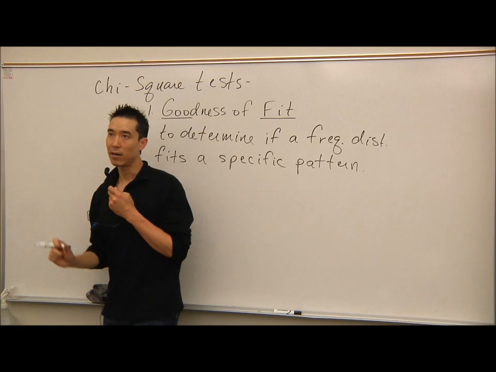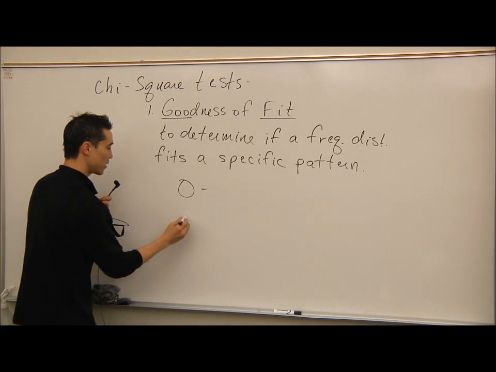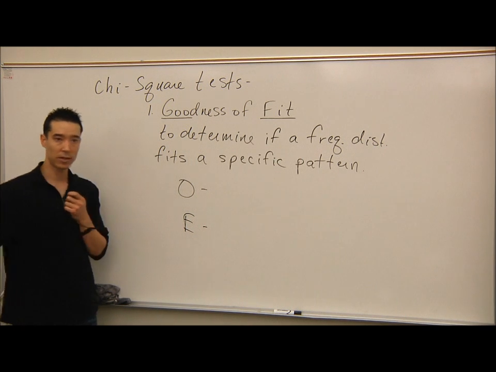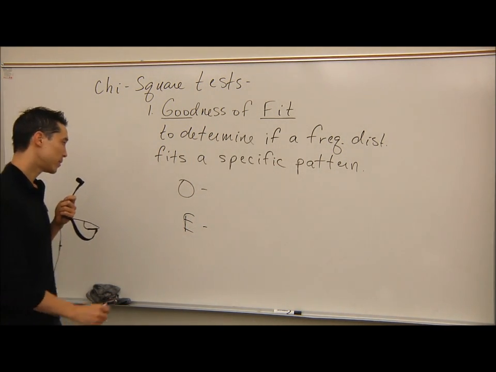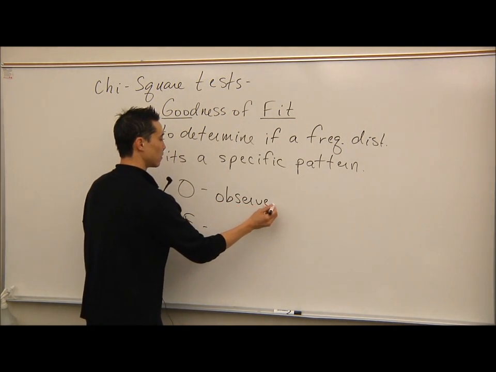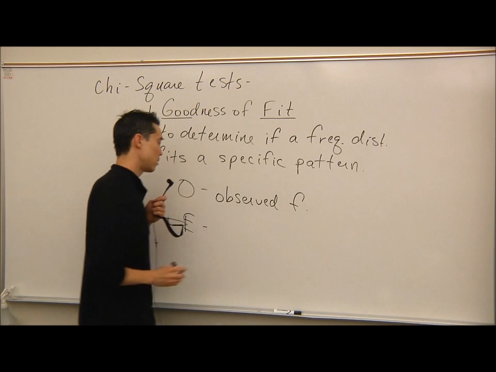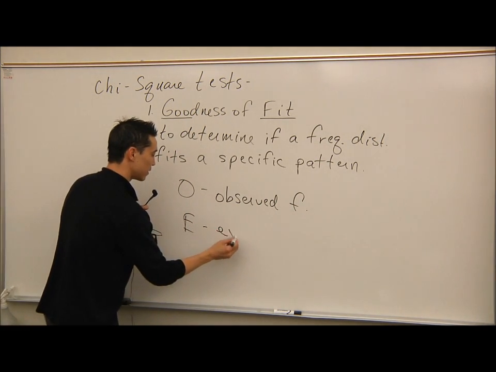Okay? Now, in all of the chi-square tests, we have this O variable, and we have this E variable. So it's very important that we know what the O and the E stand for. The O is going to be representative of observed frequency. And E is going to be expected frequency.